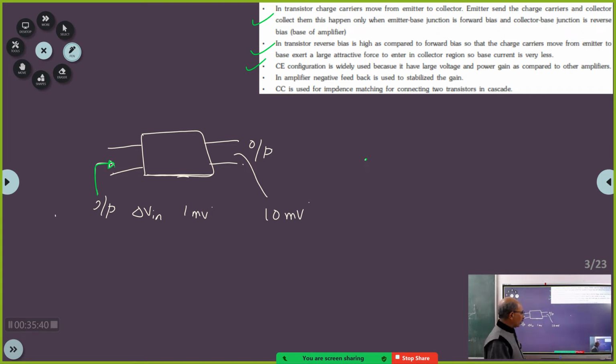But it can so happen that, I want to take the right example because quickly I want to explain this to all of you. Now the output can go plus, say, 2 millivolts or say minus 2 millivolts.